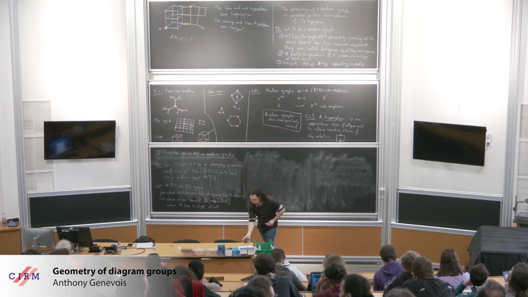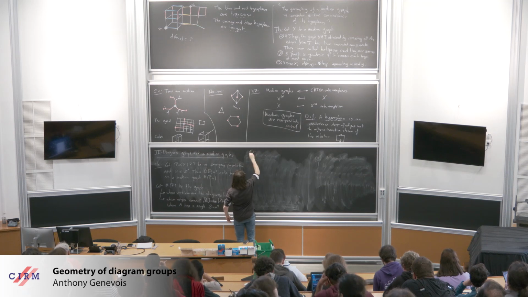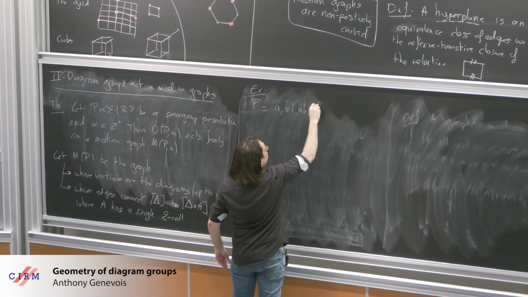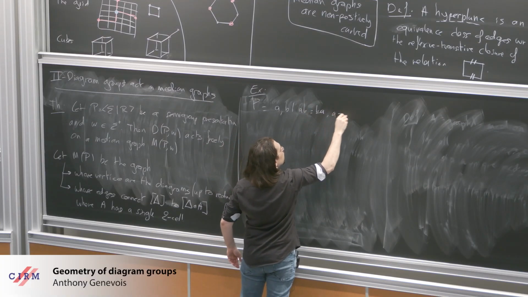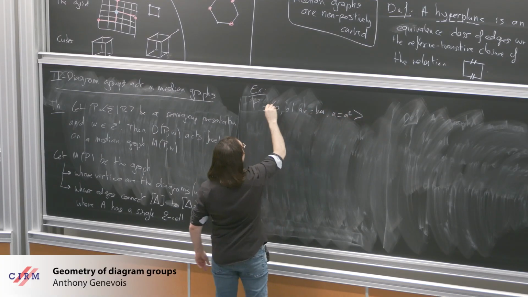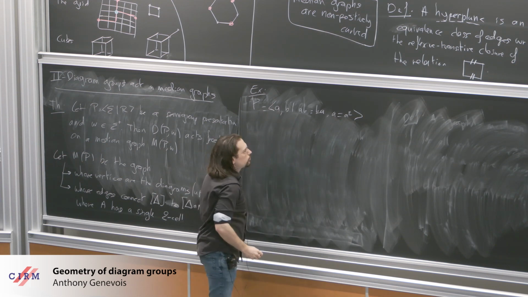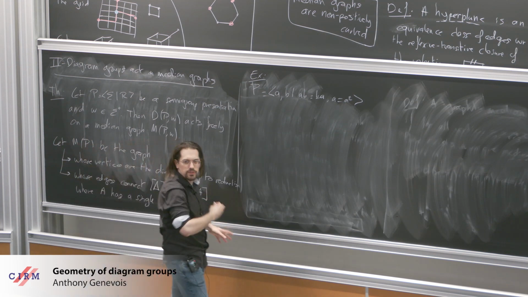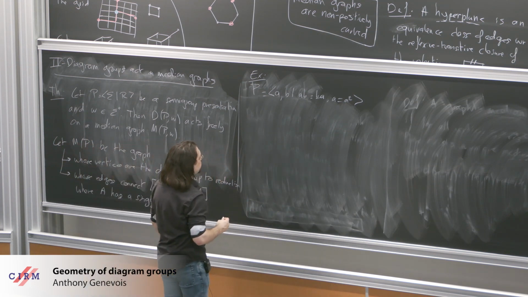Okay, so let's consider this semigroup presentation, so the same as before. Okay, and now I want to construct this graph, at least a piece of this graph. Of course, the graph is infinite, so I will just draw a piece of it.